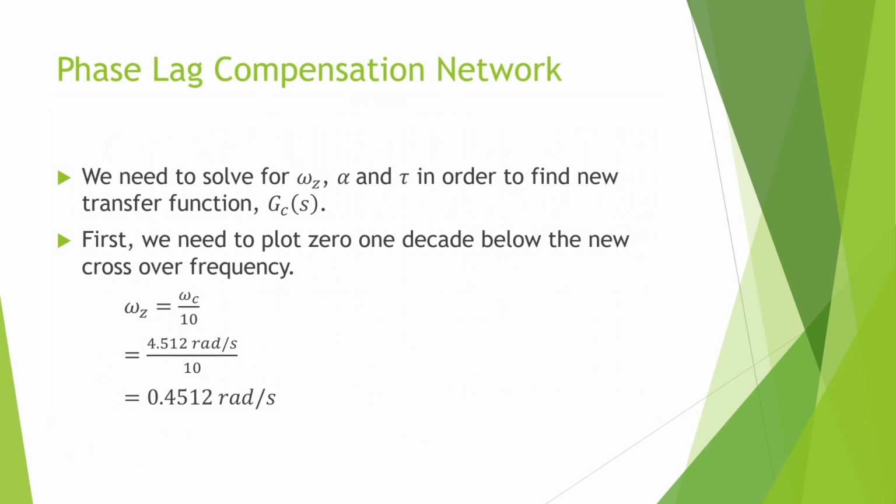To find the new transfer function, we need to determine the values of omega z, alpha, and tau. To proceed with the calculation of omega z, we need to plot 0.1 decade below the new crossover frequency. The steps of doing so are as shown.